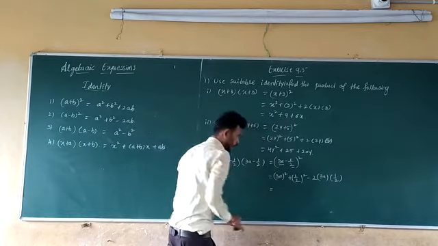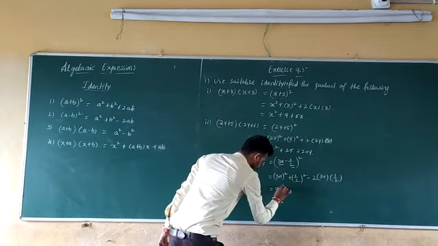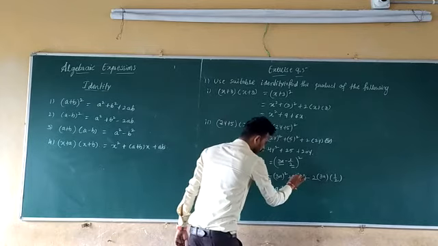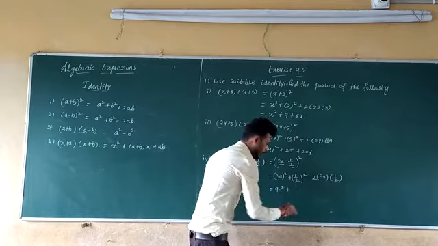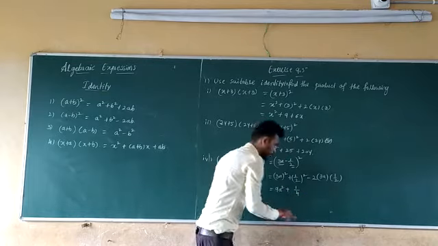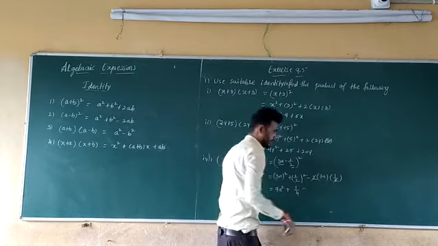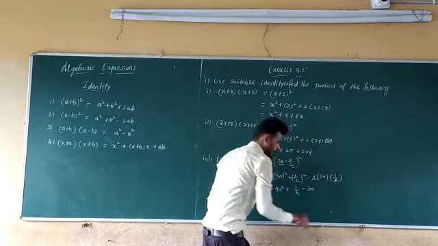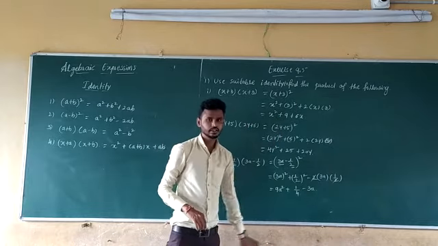So (3a) square, square both 3 and a: 3 square 9, so you will get 9a square plus square both numerator and denominator. 1 square you will get 1, divided by 2 square you will get 4. Minus, here 2 ones get cancelled. So what remains now? 3. So the answer is 9a square plus 1 by 4 minus 3.